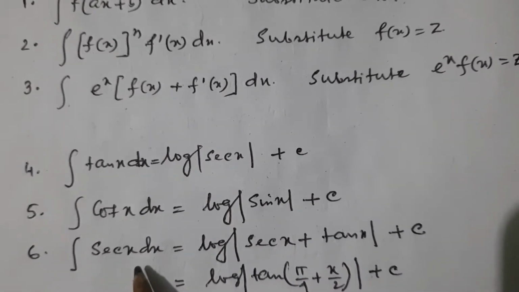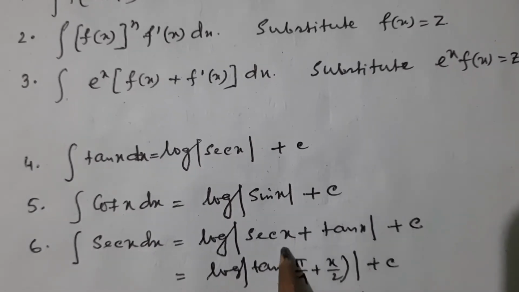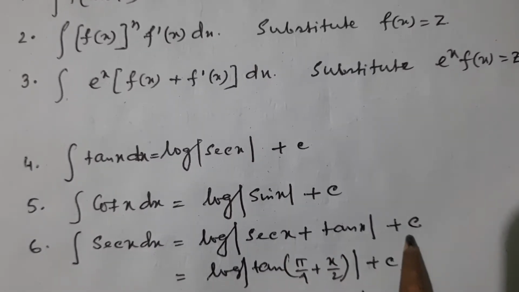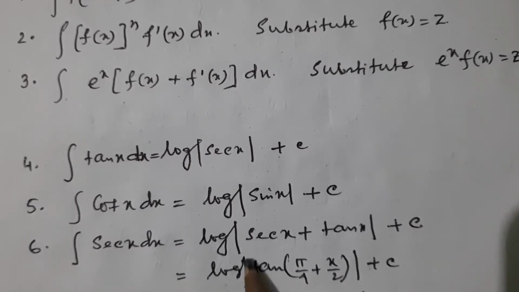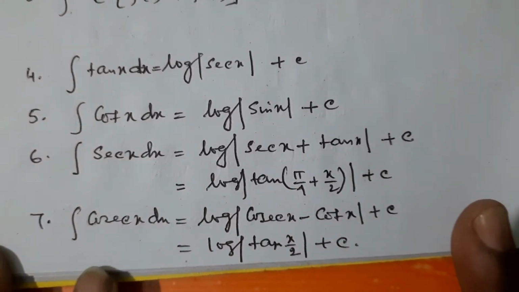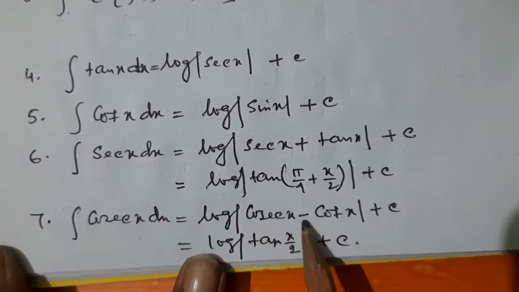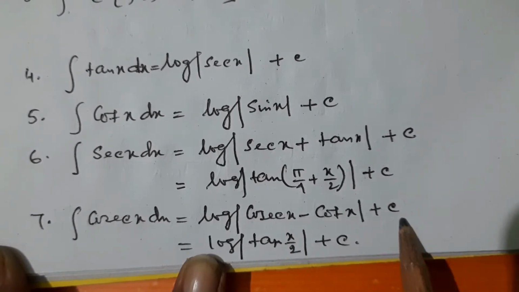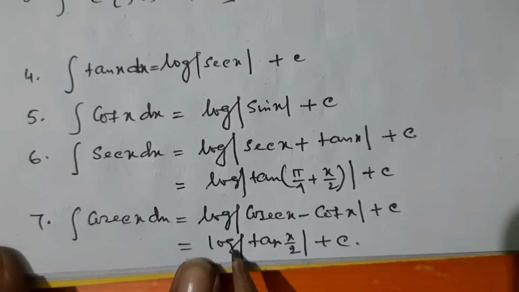Integration of sec x dx equals log mod sec x plus tan x plus c, or log mod tan(pi/4 plus x/2) plus c. Integration of cosec x dx equals log mod cosec x minus cot x plus c, c is the constant of integration, or integration of cosec x dx equals log mod tan(x/2) plus c.